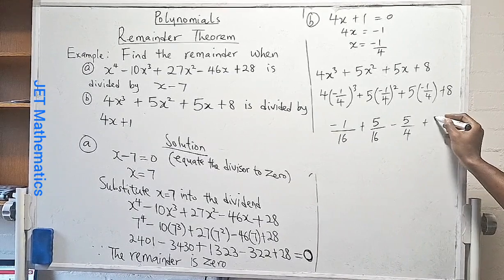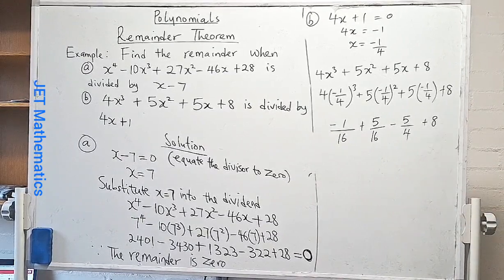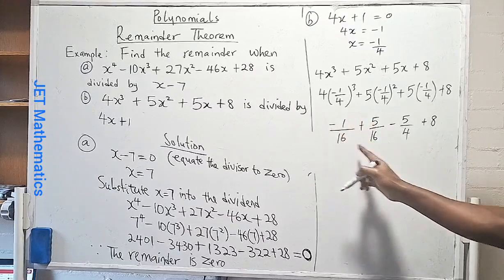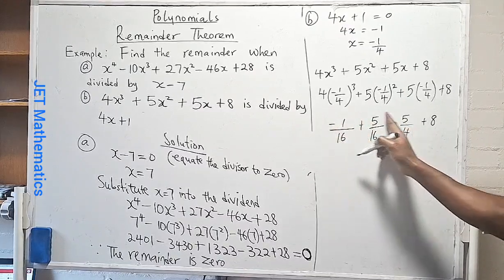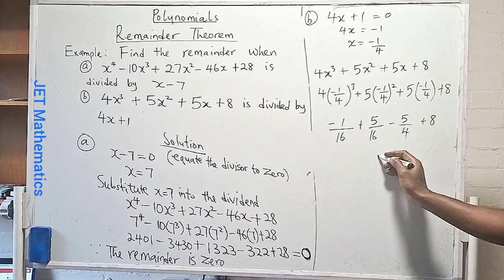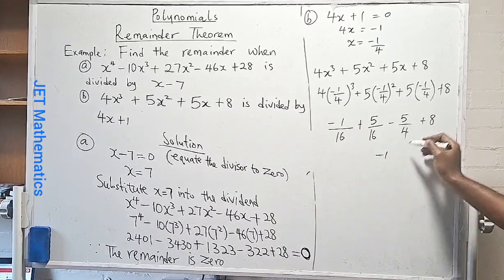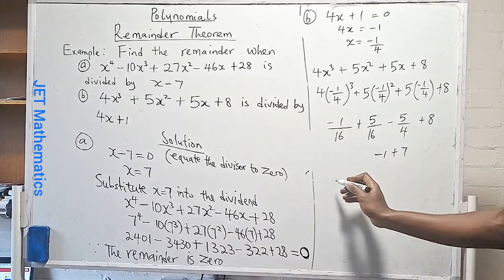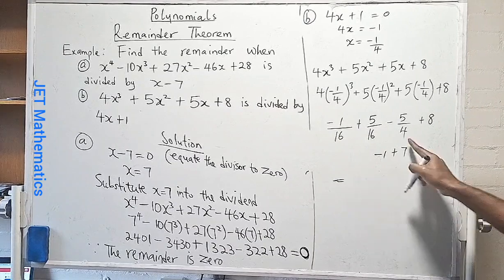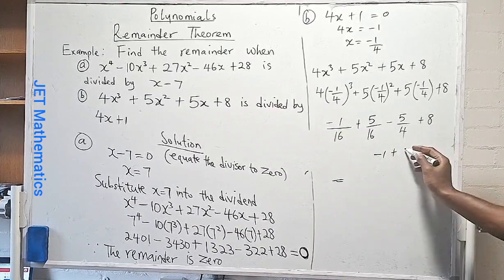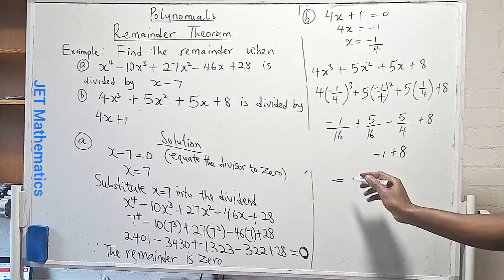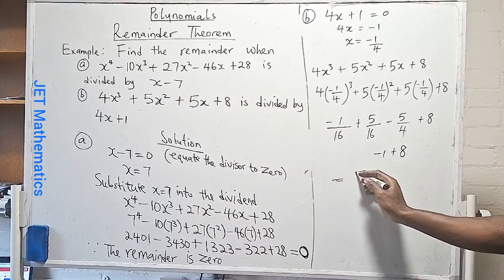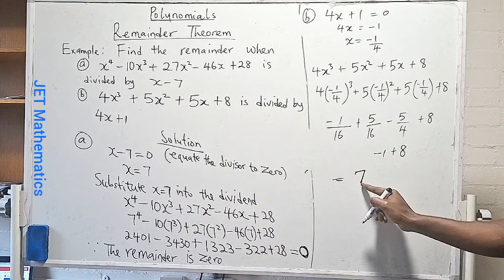And this becomes plus 8. When we solve these three fractions, we're going to get minus 1. So at the end of the day, this gives us minus 1 plus 8, which gives us 7 as our final result.